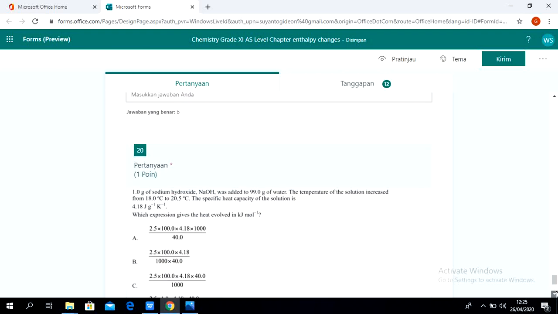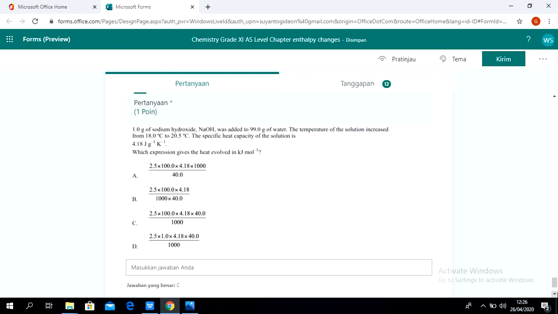Next, last question. 1 gram of sodium hydroxide was added to 99 gram of water. The temperature of the solution increased from 18 to 20.5.